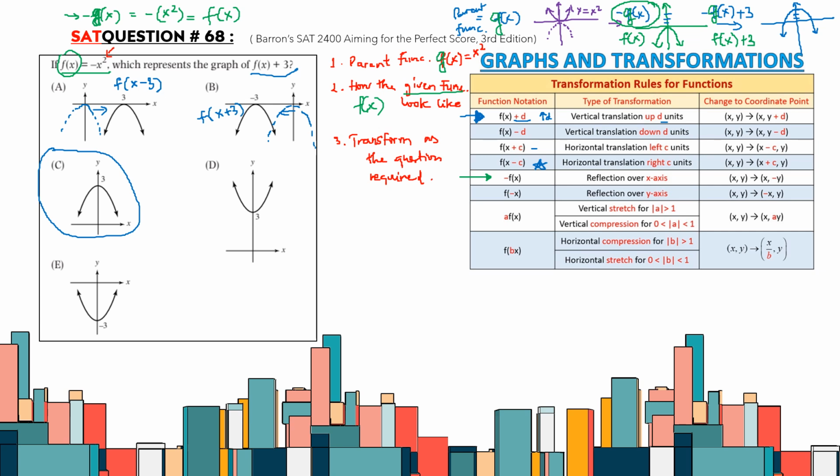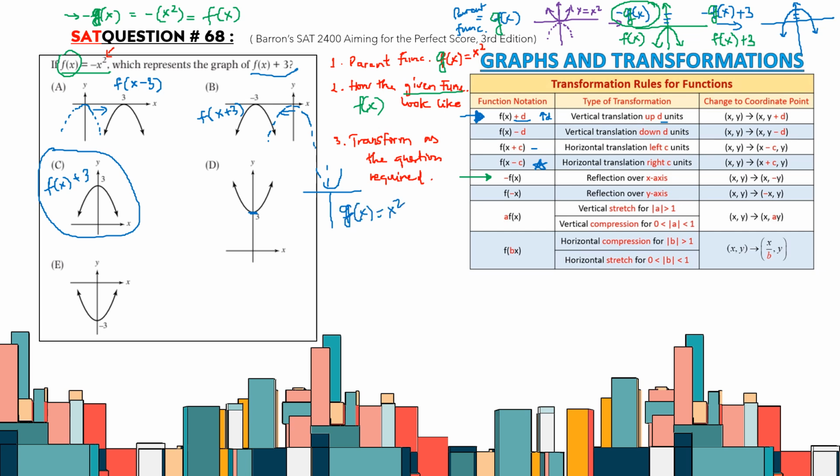And we see this one moves up, so f of x plus 3. And we see this one opens up, so it goes up 3 units. It opens up, so it looks like the parent function, and the parent function is g of x equals x squared.